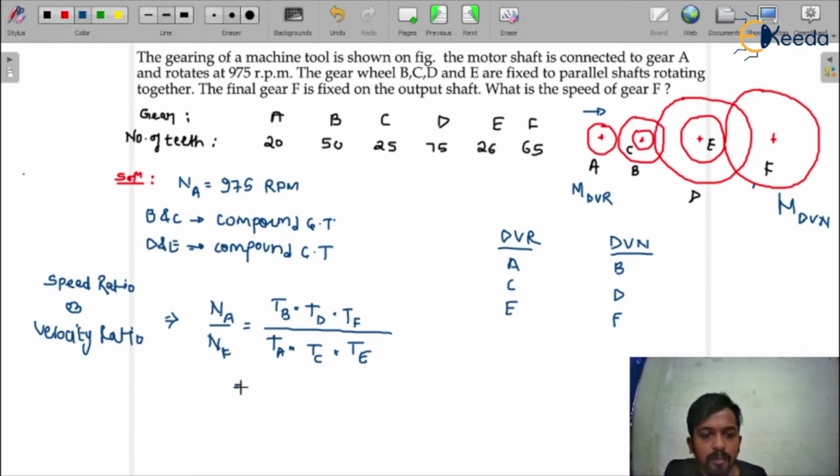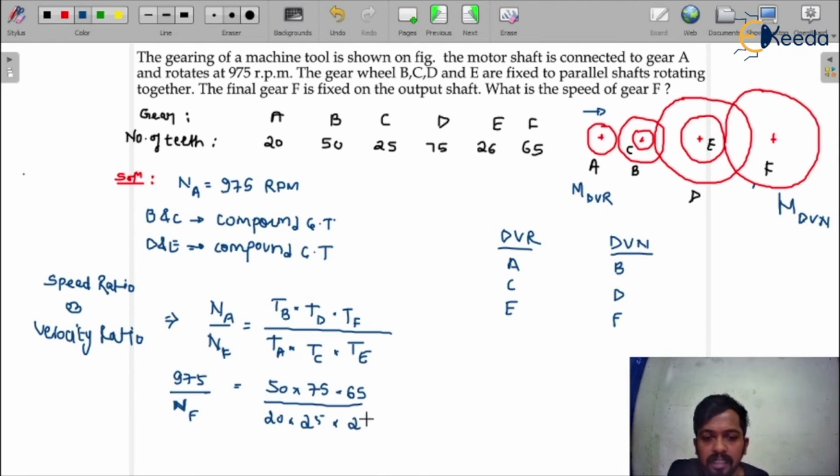So we just have to put the values in this equation. 975 is given in the question as the speed of A, and NF is the speed of gear F that we have to find. TB is 50, multiplied by TD, 75, from the table given in the question, and TF is 65. In the denominator there will be TA, that is 20, TC, 25, and TE, 26.